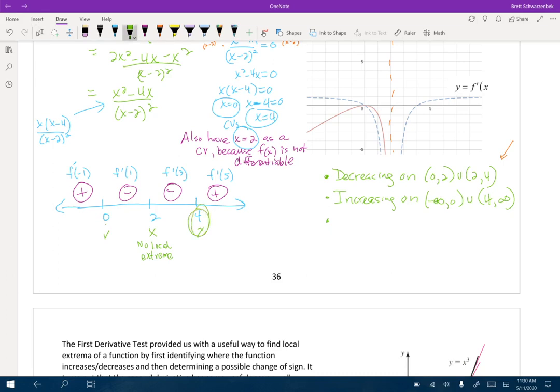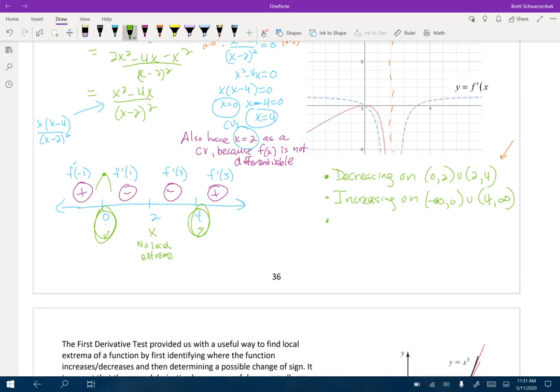So the question is, what type of extreme values are there? This one goes from positive to negative. Just watch, I'm going to do a mini picture. If I go up, up, up, up, increasing, down, down, down, down, decreasing, what type of extreme value is at the top? It is a local max.